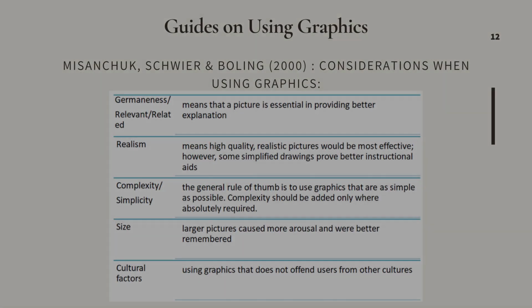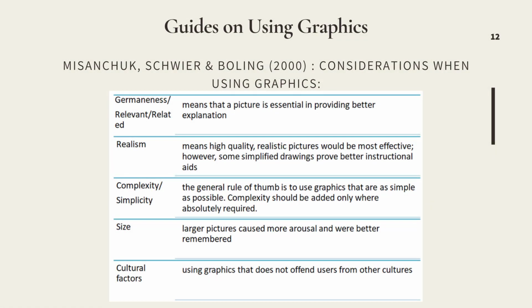And then at the same time, there is actually some consideration that we need to consider before we use any graphics. All right, so we need to make sure it's relevant, related to our objective to achieve. We need to provide some pictures that is actually related to the idea or the lesson that we are actually teaching.